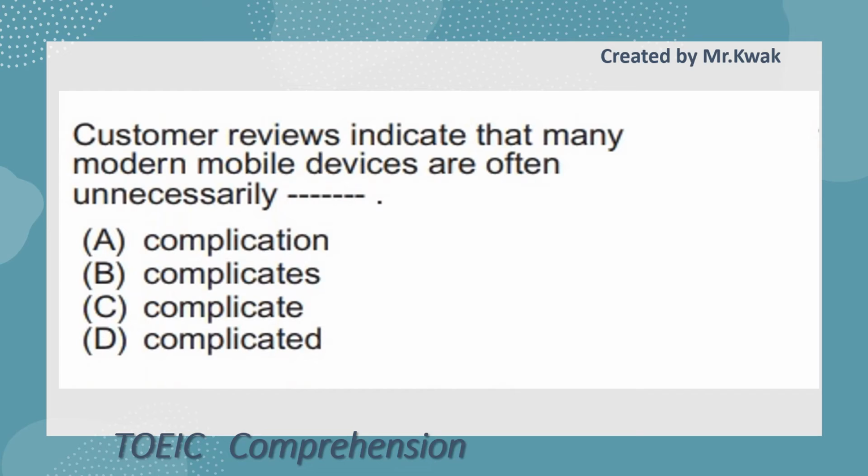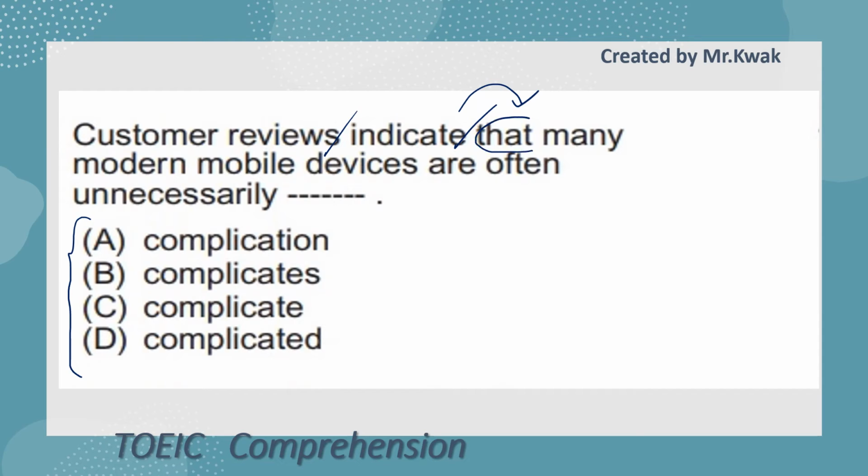At this point, we can approach it in detail. First of all, we can translate it, and then think about how we can make other example sentences by using choices A, B, C, and D. Customer reviews, subject, indicate that, and indicate something.